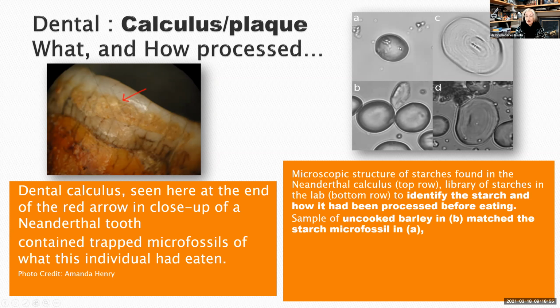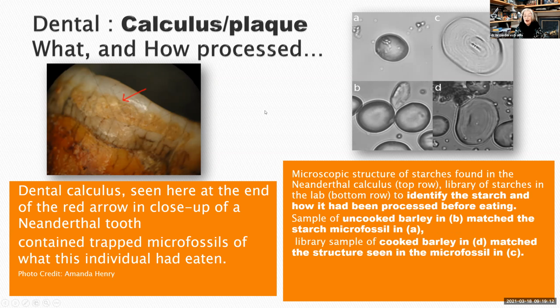So they started comparing them. And in this case, the A microfossil matched identically to B, and this is barley. And why is that important? Some of you already know, because barley is a plant, right? It's like wheat, oats, that sort of thing.